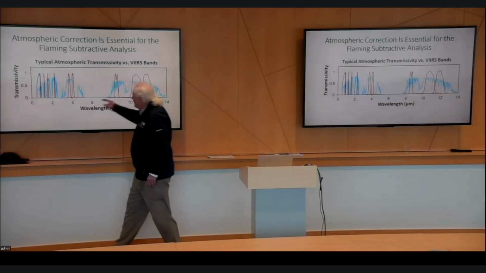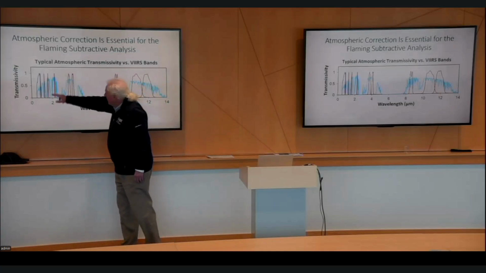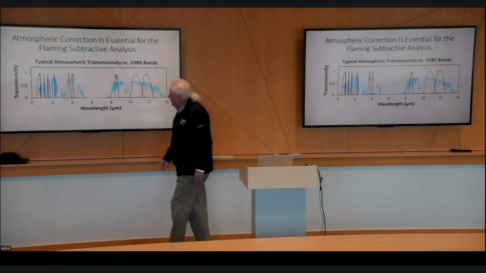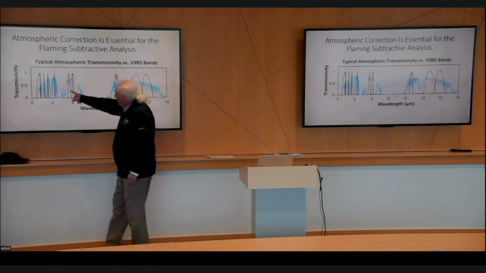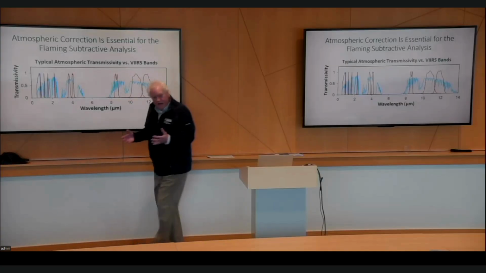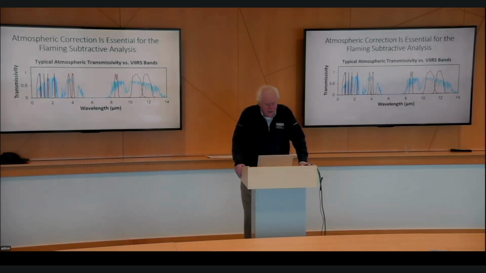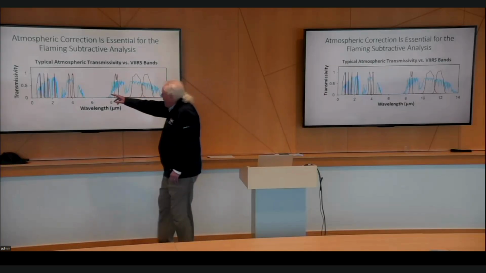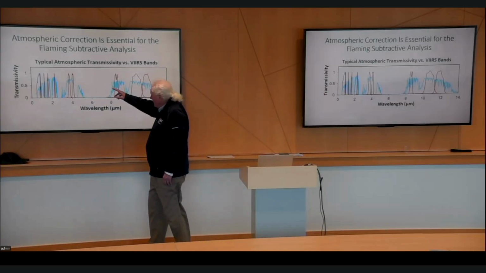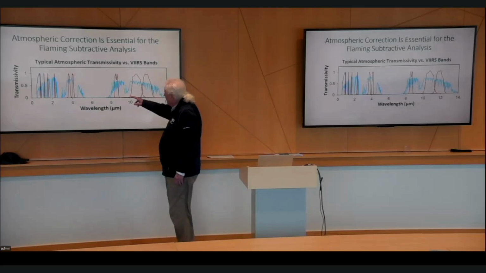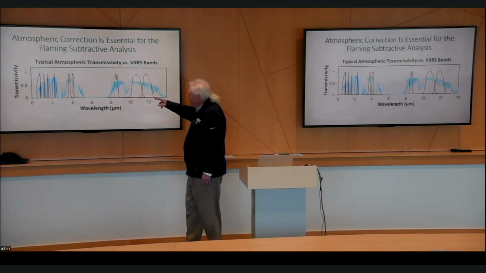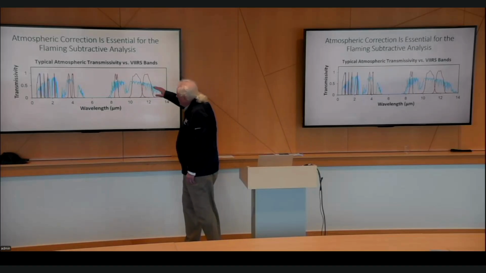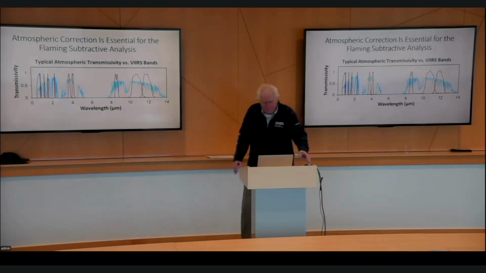This is transmissivity versus wavelength. And these red shapes are the VIIRS spectral bands. The shortwave infrared is typically the clearest, has the clearest atmospheric windows. So when we model the Planck curve with the shortwave infrared, to get the flaming phase radiant emissions in the long wave infrared, our analysis was affected by the fact that we hadn't done an atmospheric correction. And you've got lower transmissivity out here in the long wave infrared.